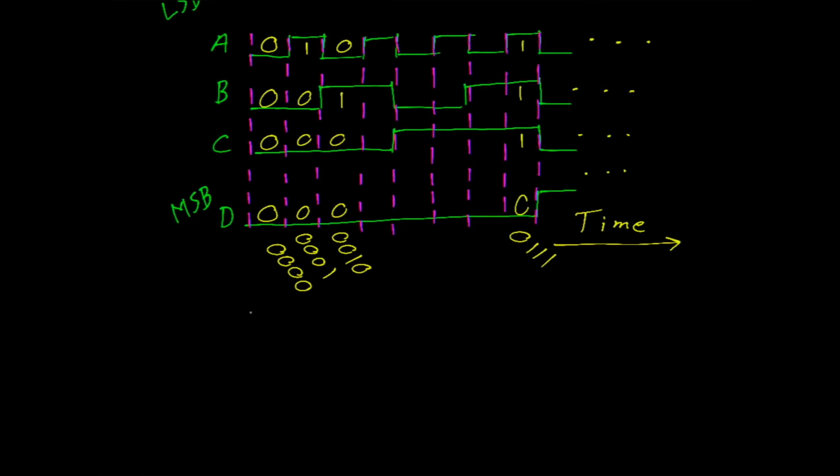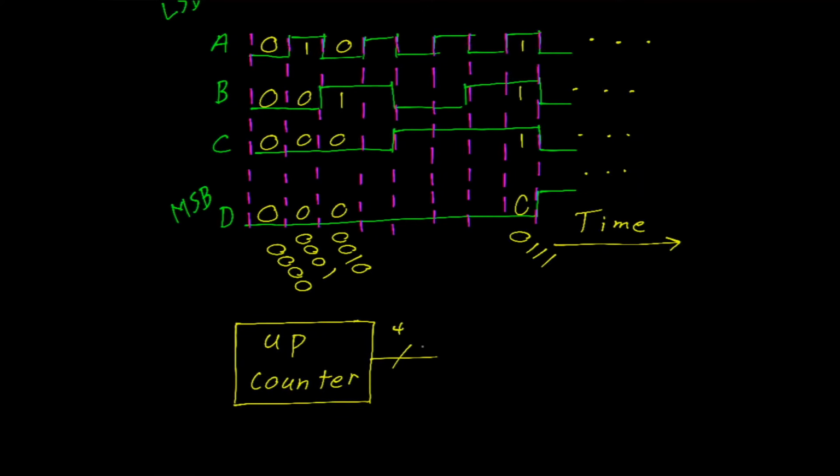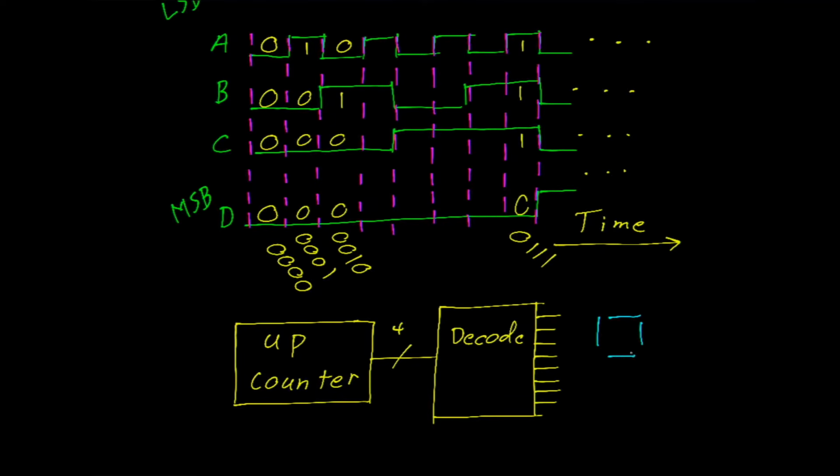Here's a real-world example of this bus. We start with what's called an up counter. With a 4-bit bus, we'll send that to a decoder, which will have multiple output wires, which can then be used to drive a 7-segment display.